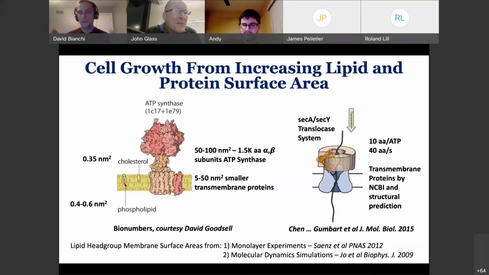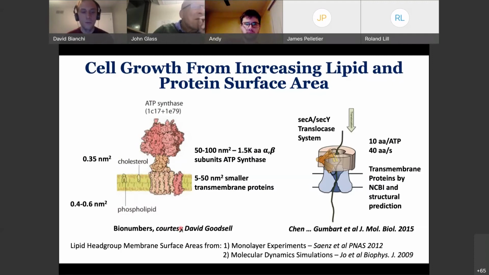And so with this production goal for our cellular economy in place, we're able to build up this model. It's important to keep in mind that in making our membrane and having our cell grow, it's not only lipids that contribute to the cell surface area, but also proteins that get translocated into the membrane. I think this image by David Goodsell encapsulates that quite well.